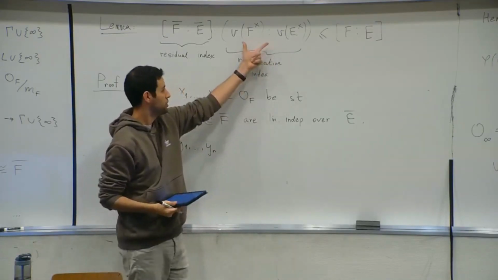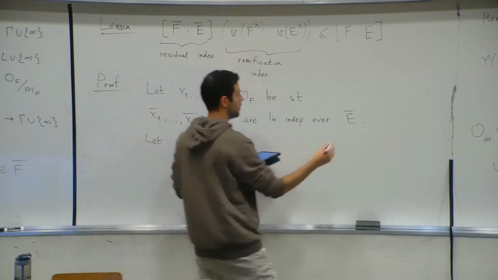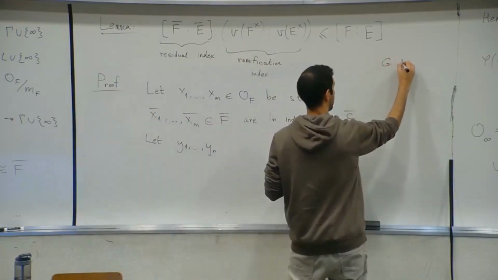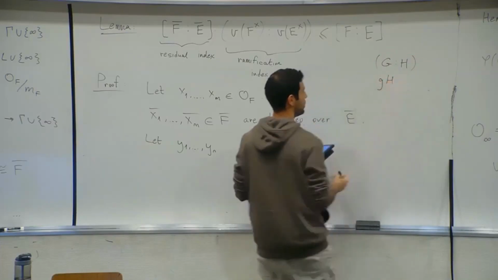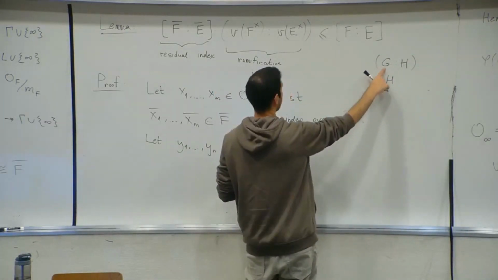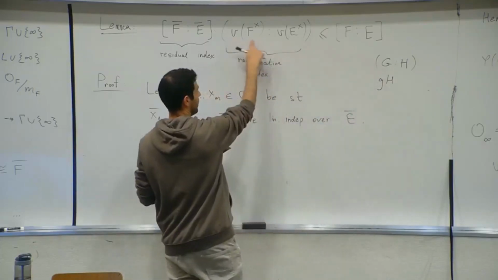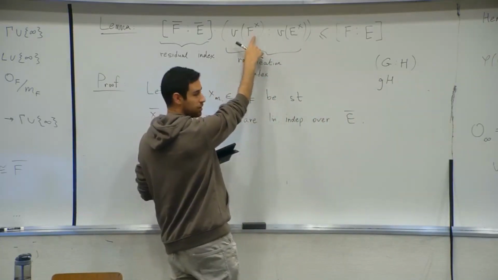The index of the subgroup just means how many cosets, right? The index of G over H is the number of cosets of the form gH. Every coset is represented by some small g in G, so an element v of some y in F.